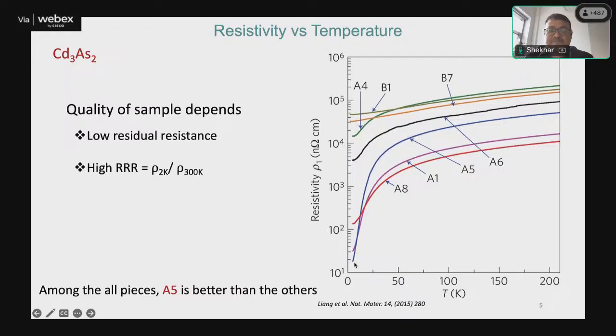And when you divide the room temperature resistance by the low temperature resistance, it has the highest value. So we can measure the quality of a piece by measuring the resistance. With temperature dependent resistance, we can quantify which piece of the sample is good and which is bad.